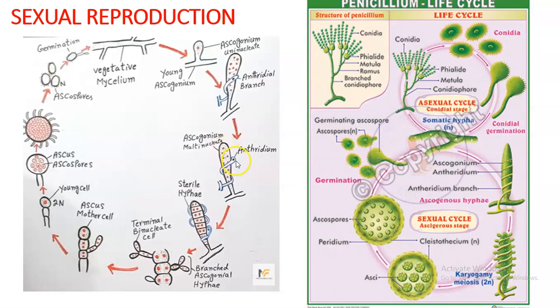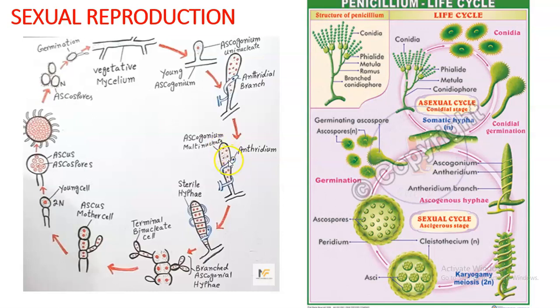After the fusion of the antheridial hyphae and ascogonial hyphae, not the fusion of nuclei, just the fusion of hyphae, the male nuclei is not getting transferred to the ascogonium. The ascogonium has many nuclei, while here you have only one antheridial nuclei. Even if it is transferred, nothing is going to happen, because there is one here and 64 nuclei there.